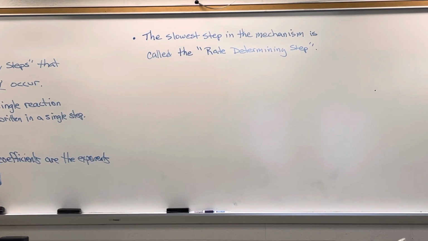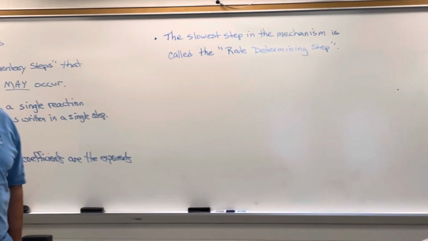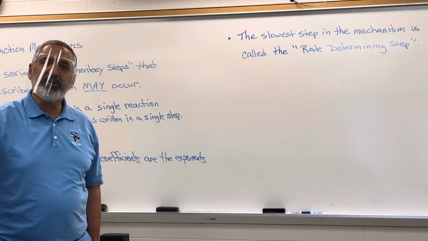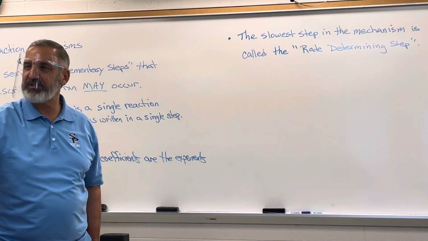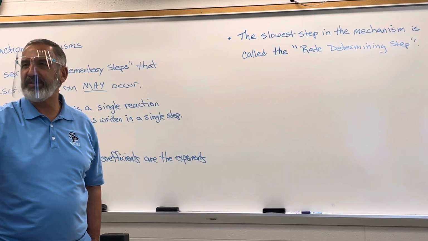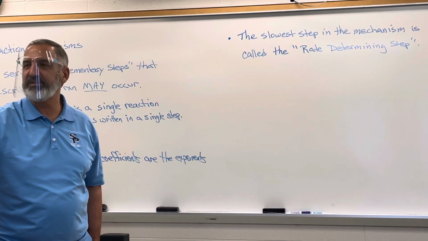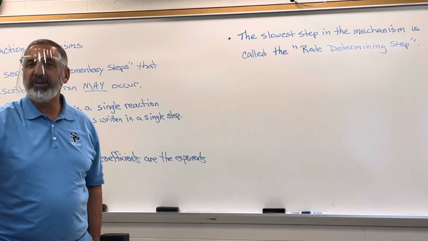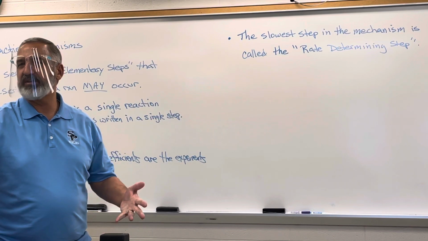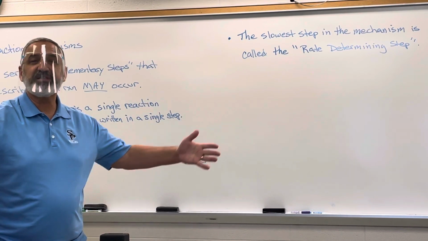Now, have y'all ever, as a family, gone out to dinner, and everybody's ready, but there's always that one person in the family that says, I can't find my shoe, or wait, I gotta go brush my teeth. You're always waiting on that one person, and they're the reason everybody else is ready but that person's the one that's going to cause you to be late. That's the slow step.